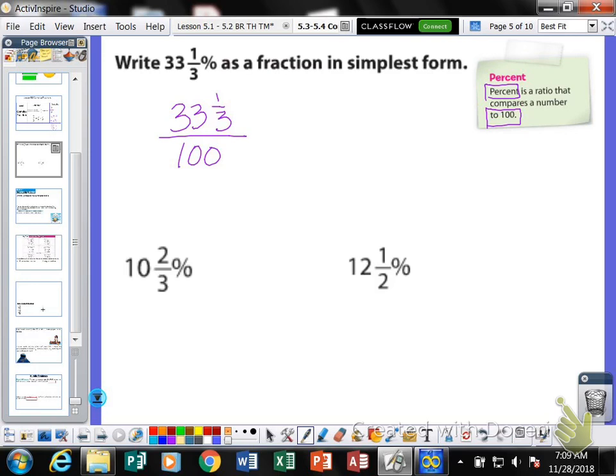Well, what's another way of writing a mixed number? So we need to make that improper. So 33 1/3 would be 100. 3 times 33 is 99, plus 1 is 100, over 3, divided by 100 over 1 is what we get.